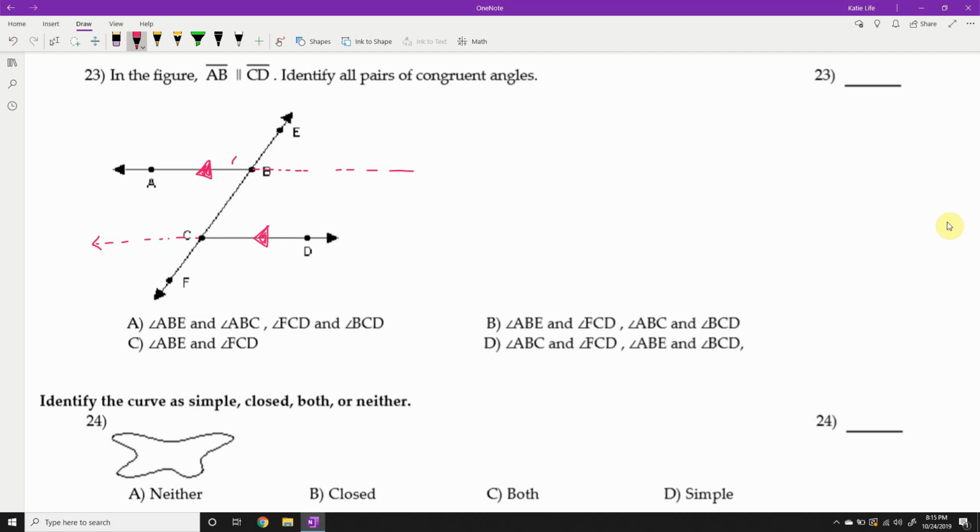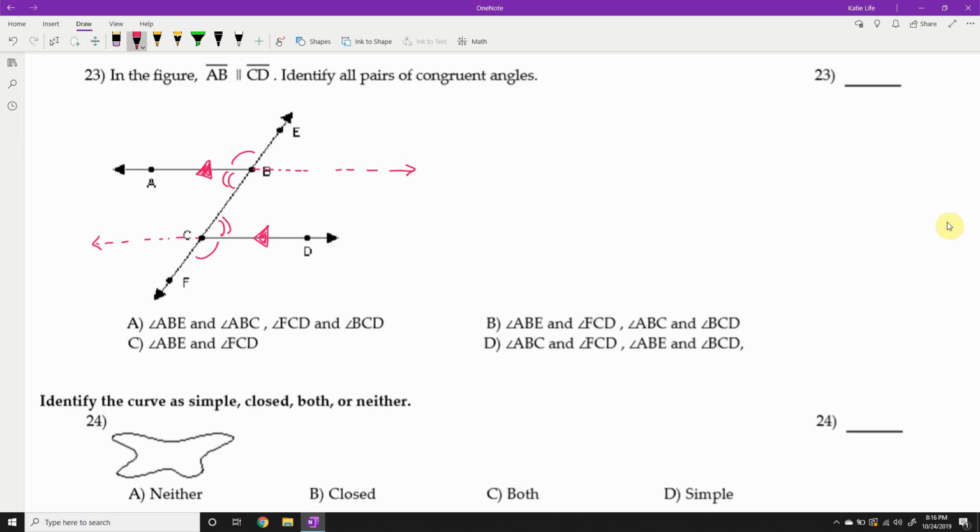So that means that this angle and this angle would be the same in the original picture. And we would also have alternate interior angles congruent. So that means that this angle and this angle would be the same in the original picture. So ignoring what I have drawn in here.